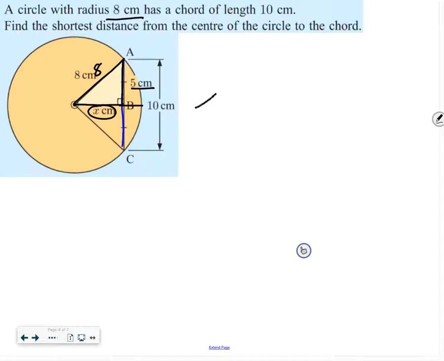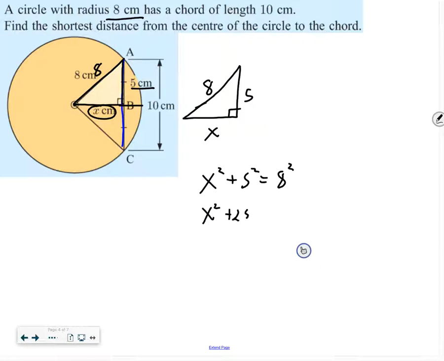So if I redraw my triangle, I have a right angle here, 8 here, 5 here, and x. So using my Pythagorean theorem, I get x squared plus 5 squared equals 8 squared, which is 64. And we get x squared plus 25 equals 64.